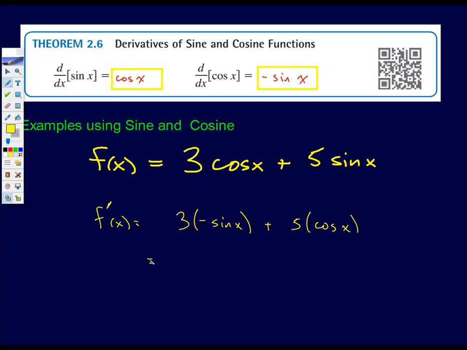And we would likely then just clean this up by multiplying this together and probably writing negative 3 sine x plus 5 cosine x. And that's perfectly fine. If you really like to have the positive terms in the front, you could rewrite it one more time as 5 cosine x minus 3 sine x. But the way I've got it is perfectly fine.